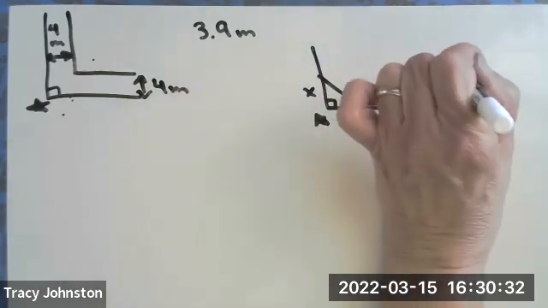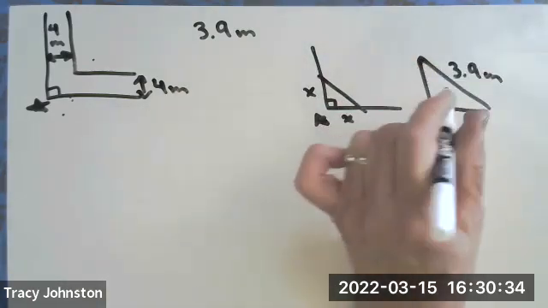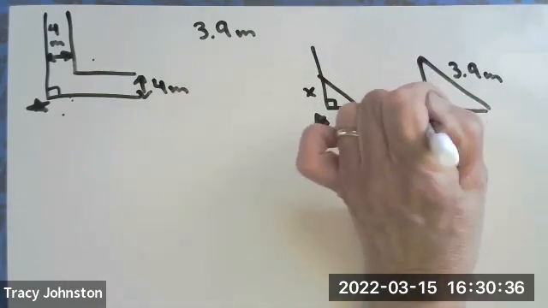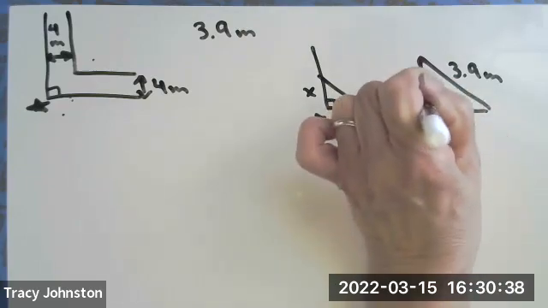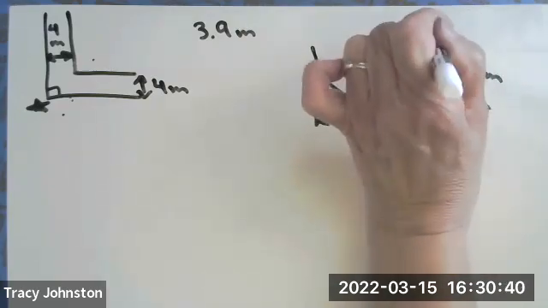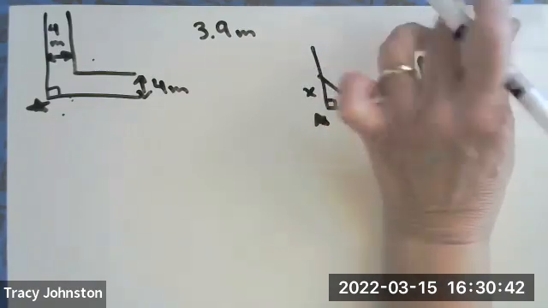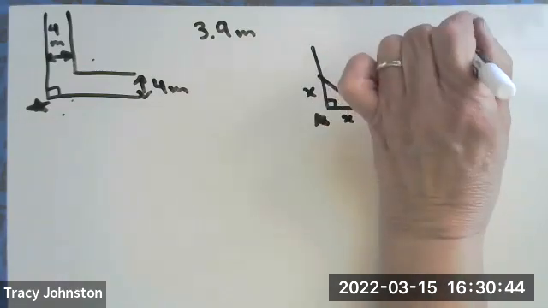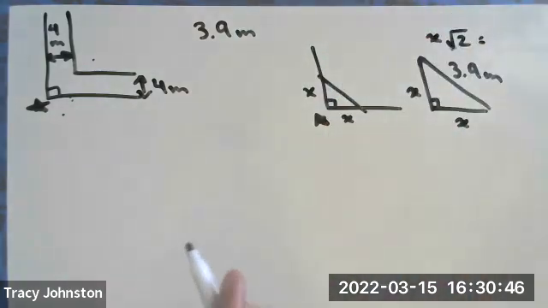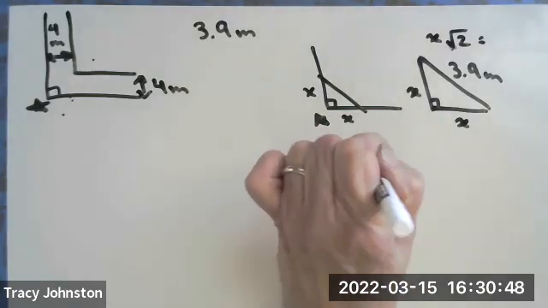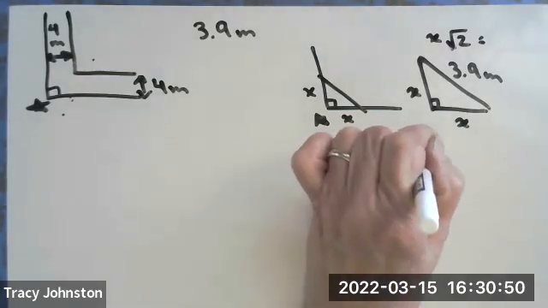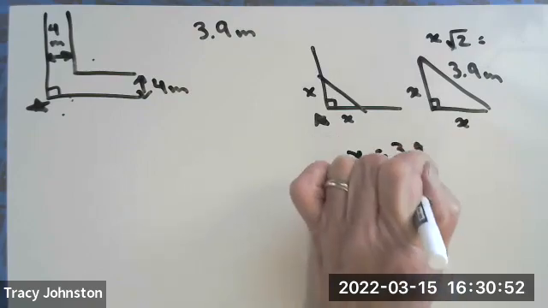If this is our 3.9 meters, and this is a right isosceles triangle, then we know the 3.9 meters is the same as x square roots of 2. So that tells us that x is 3.9 divided by the square root of 2.